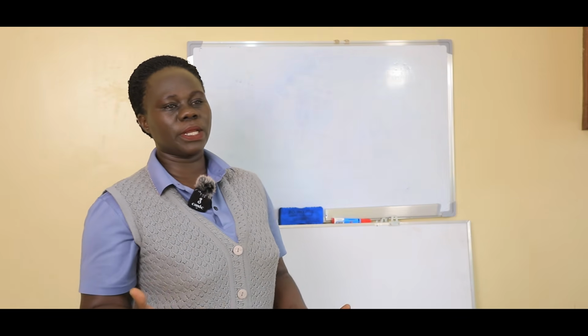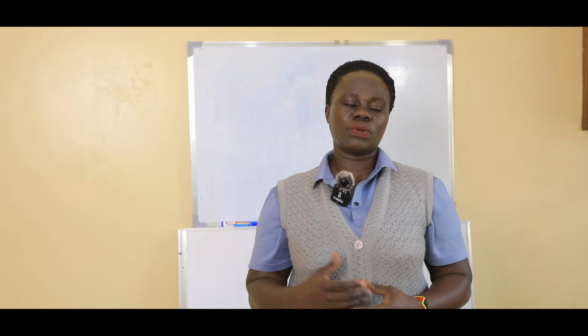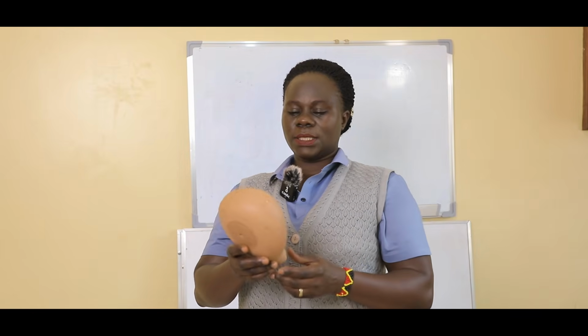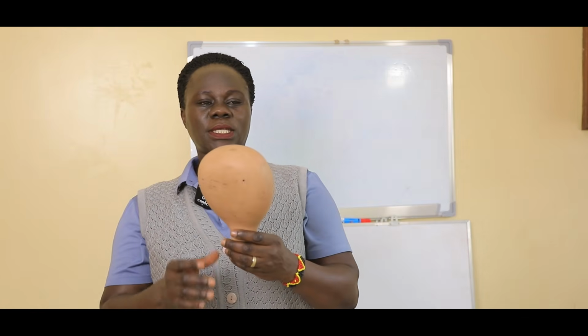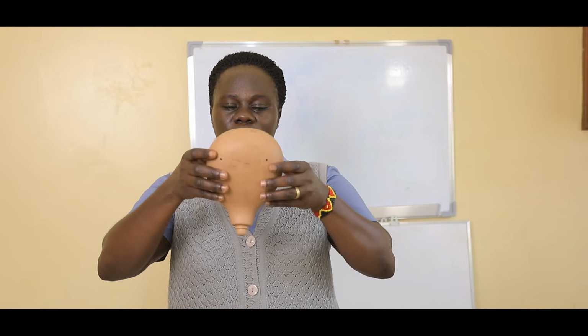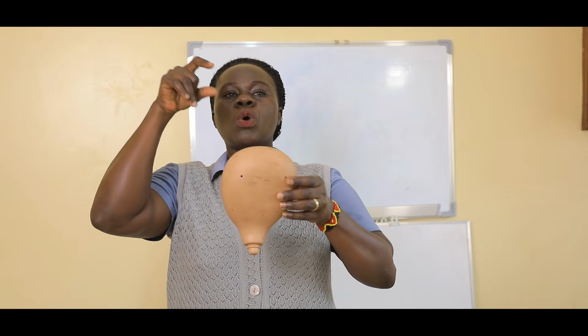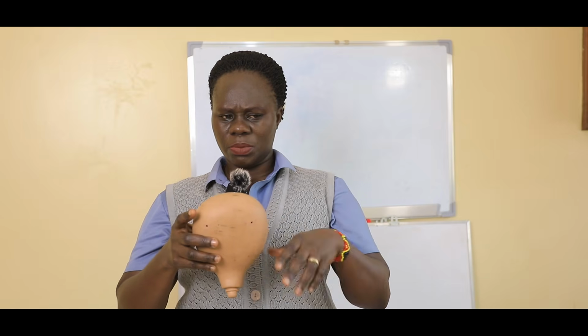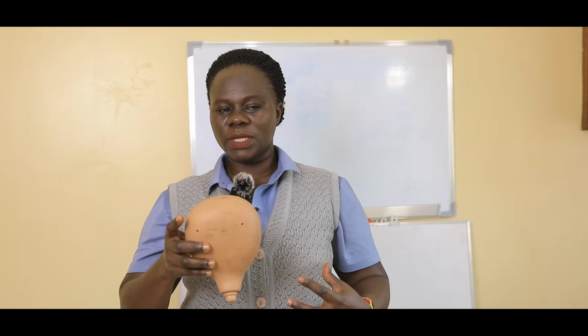The body of the uterus lies above the urinary bladder. The uterus is ovoidal in shape, or you can say it is pear-shaped. This is a uterus. We said it is a hollow muscular organ. Inside it, there is a hole. Imagine how a baby is conceived and grows inside the uterus.